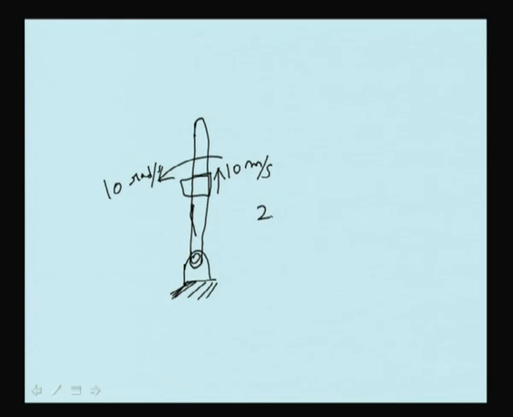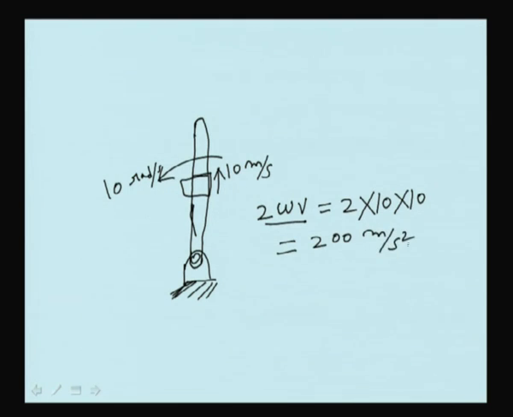Coriolis acceleration will be 2 omega V in magnitude, that means 2 times 10 times 10, which is equal to 200 meter per second square.